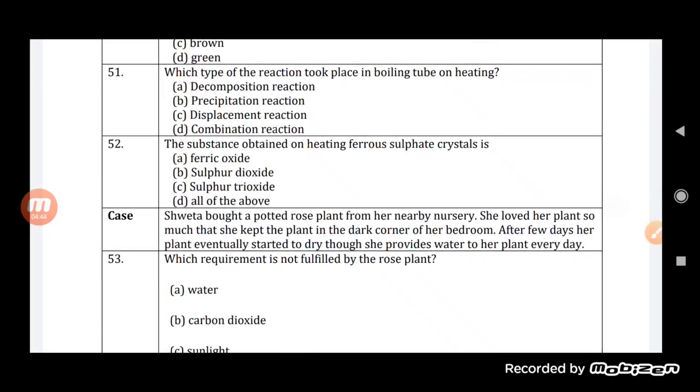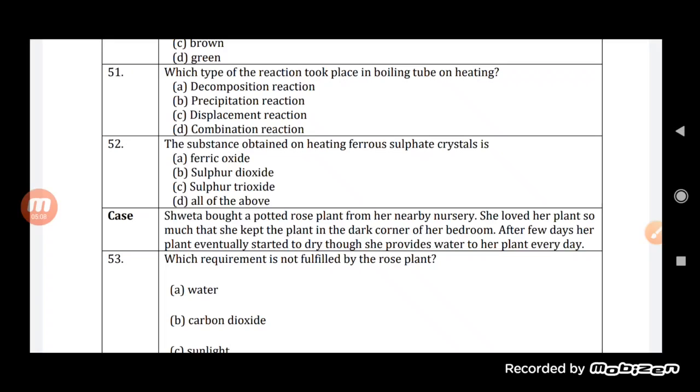Now, the substance obtained on heating ferrous sulfate crystal is ferric oxide, sulfur dioxide, sulfur trioxide, or all of the above. You know that when we heat ferrous sulfate, ferric oxide is formed, sulfur dioxide is formed, and sulfur trioxide is also formed.